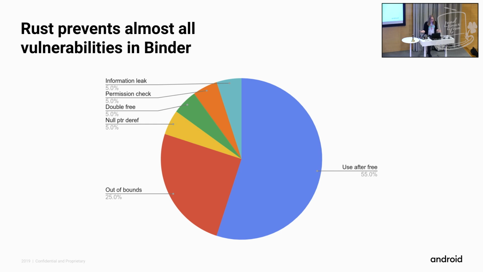Or, in some cases, for example, out of bounds, Rust doesn't catch that at compile time, but it's still going to turn into, for example, a panic, which, at least from our perspective, turns a high severity security vulnerability into just a denial of service, which of course is bad, but it's much less severe. And so, it either prevents at compile time or at least makes them much less severe in almost all of the vulnerabilities. And I think that's really why the security team wants this.